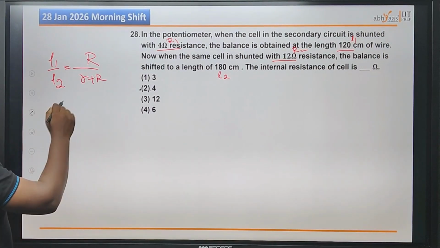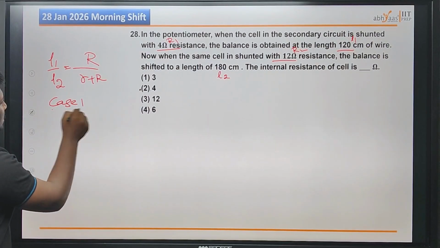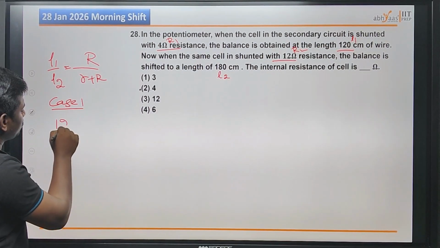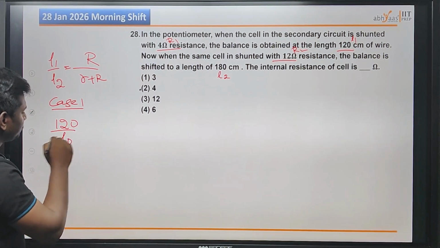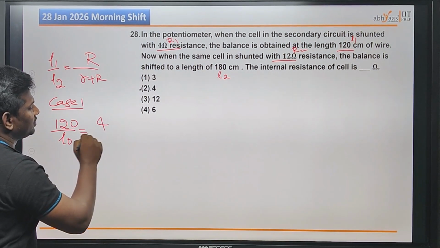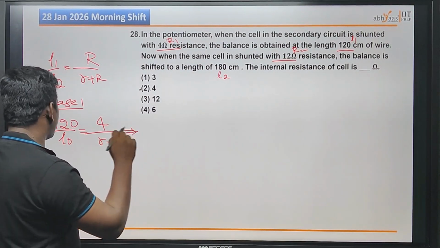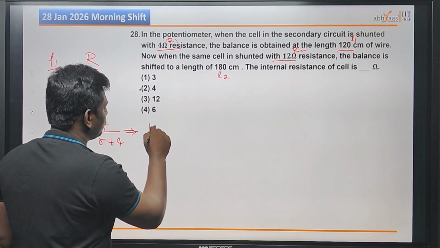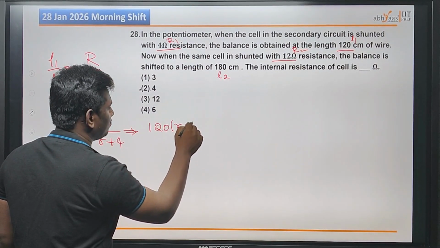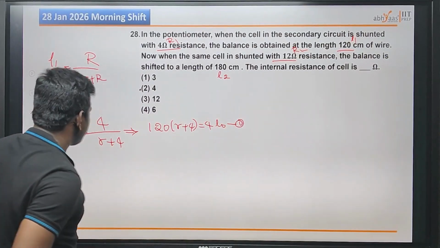We know that formula, L1 by L2 equal to capital R by small r plus capital R. See here, in first case, case 1, L1, what is that one? 120 centimeter, take it as L0 equal to R 4 ohm by R plus 4. If you rewrite this one, you will get 120 into R plus 4 equal to 4 L0. Take this equation 1.